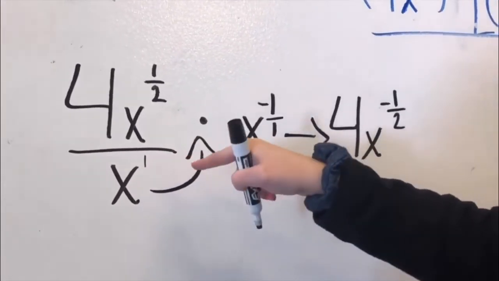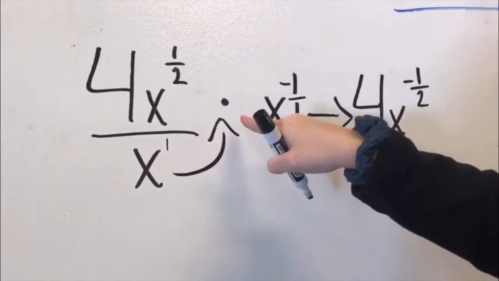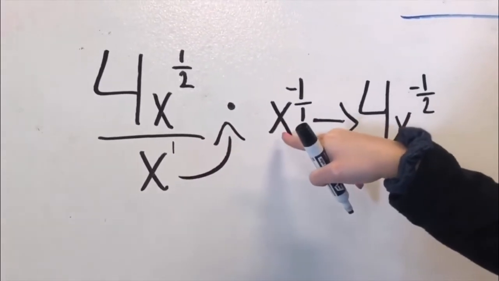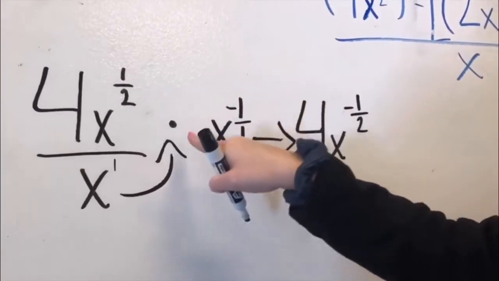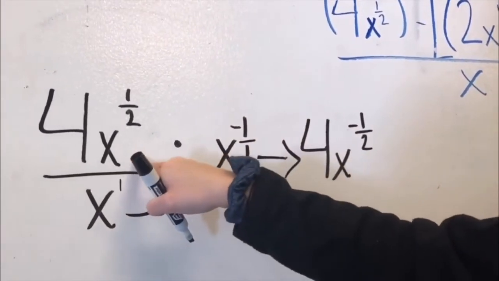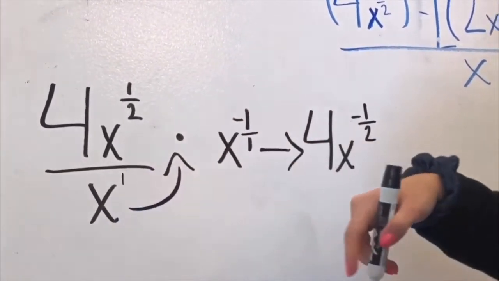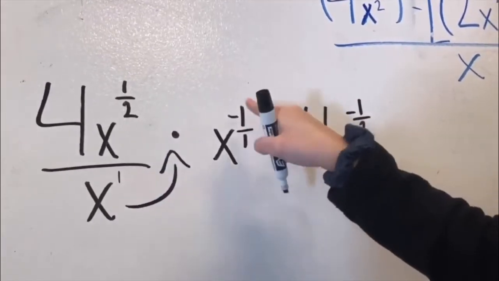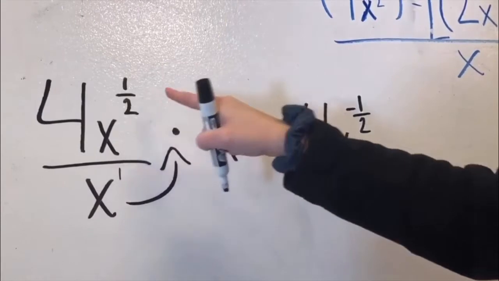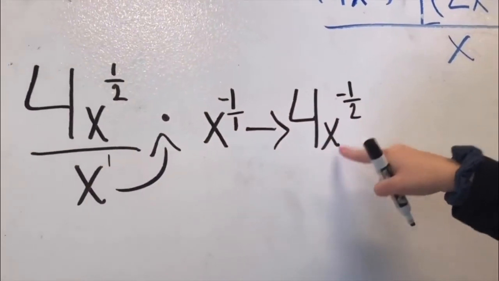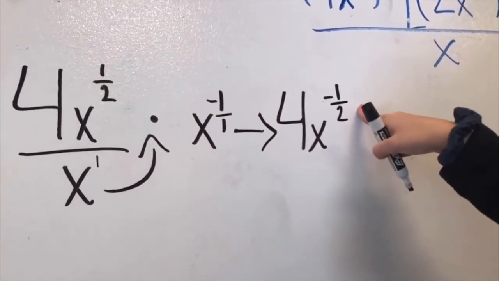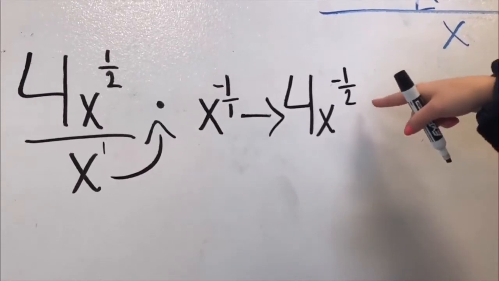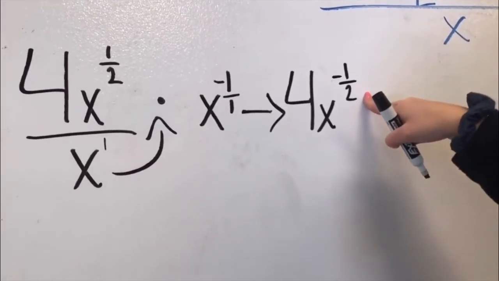And what we ended up doing was we brought this x up here, and we had to rewrite that as x to the negative 1, and we had to multiply that by this 4x to the 1/2. And in doing so, we add 1 to negative 1 to the positive 1/2 to get 4x to the negative 1/2. And we did that for the other 2 fractions in this step.